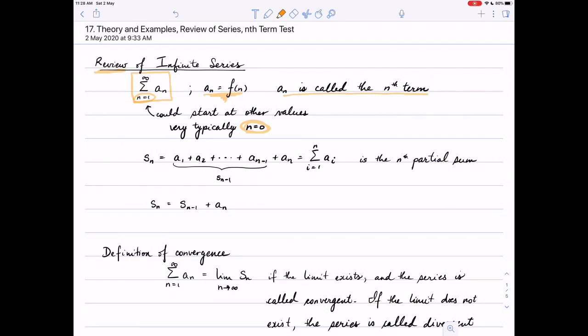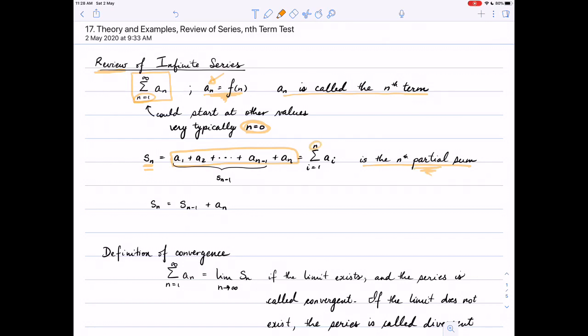So we also saw s sub n, which is not the same as a sub n. S sub n is the nth partial sum, and its definition was the sum of the first n terms. Partial, because if you're going to infinity, adding up n terms is only part of the sum.